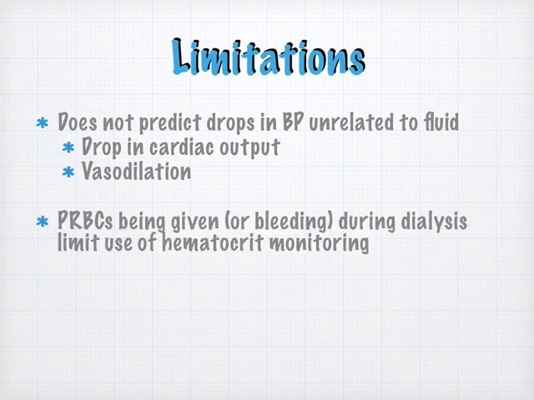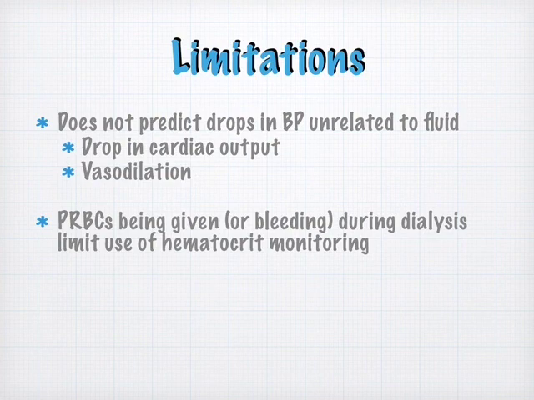So another issue is that PRBCs, packed red blood cells, or bleeding, kind of make it difficult to interpret the information that you're getting with the hematocrit monitor, because red blood cells are hematocrit. So hematocrit's going to rise when you're giving blood. If they're bleeding, hematocrit's going to drop.